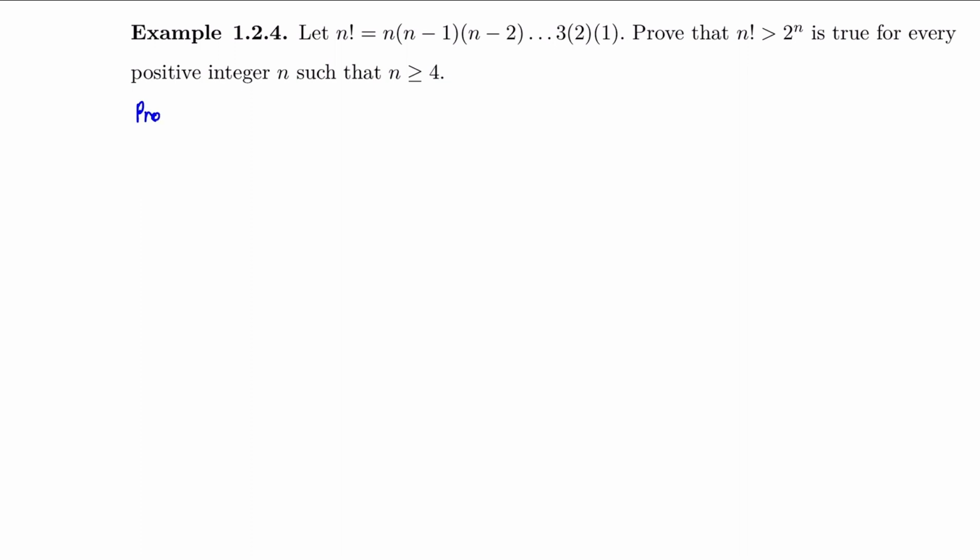Now let's get started. The first thing that I want to do is to let P of n be this statement, n factorial greater than 2 to the n. Okay?